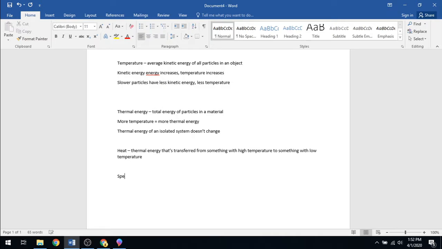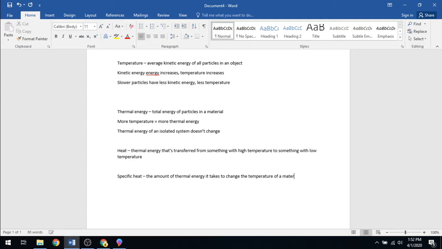So that idea is something called specific heat, which is the amount of thermal energy it takes to change the temperature of a material.